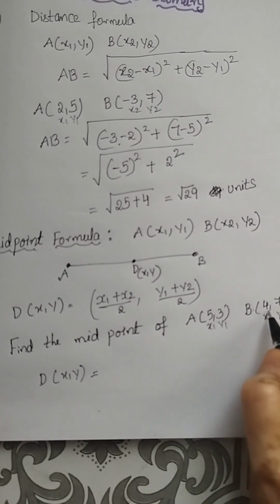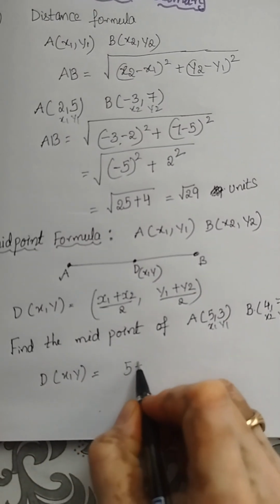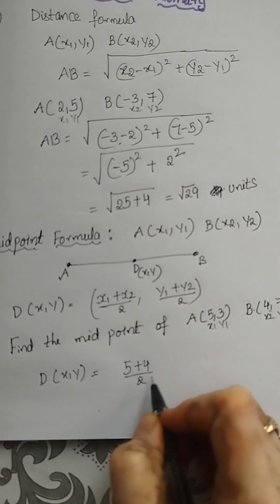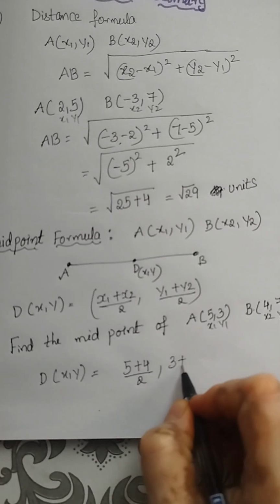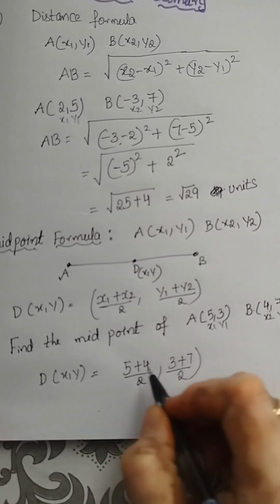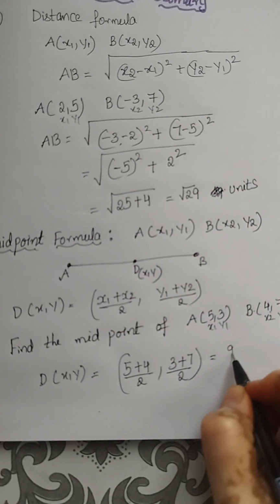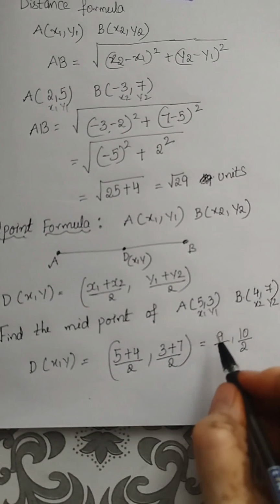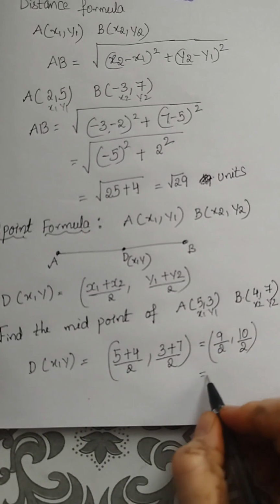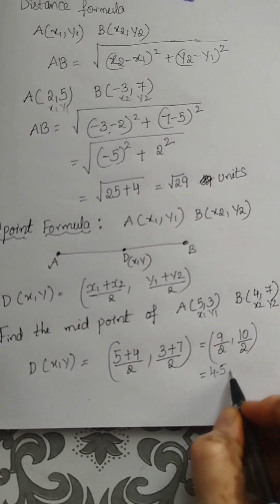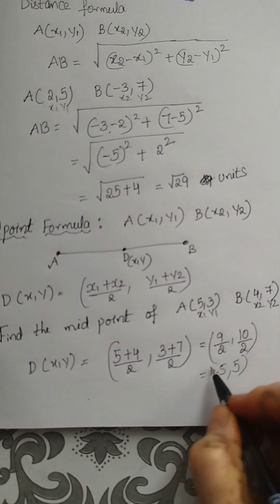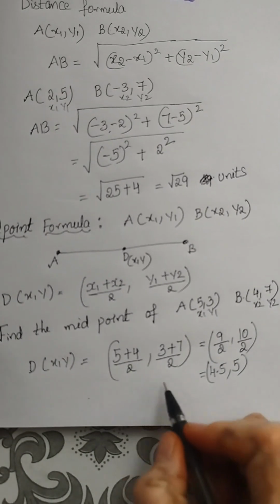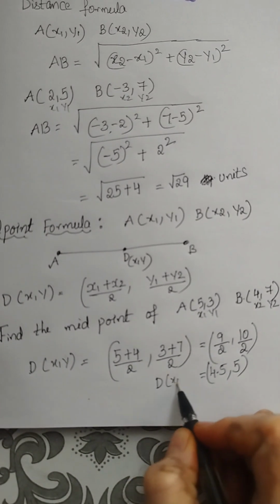So (x1 plus x2) by 2, that is (5 plus 4) by 2, comma (3 plus 7) by 2. So we'll get 9 by 2 comma 10 by 2, which is 4.5 comma 5. Okay, this is the midpoint of the line segment AB.